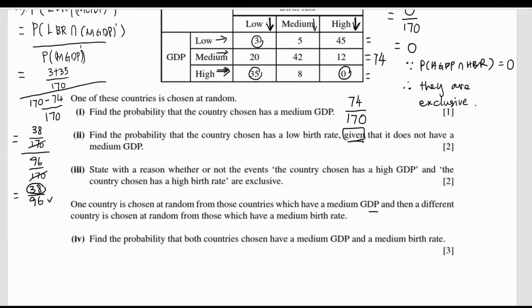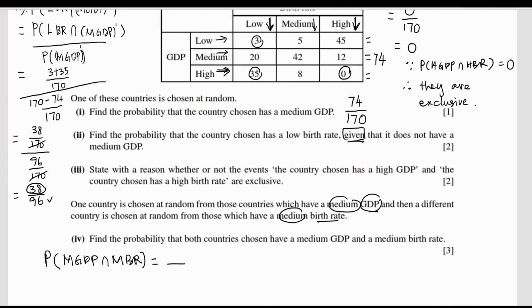First country is chosen from those who have a median GDP, and the second country is chosen from which have a median birth rate. So part 4, find the probability that both countries chosen have a median GDP and a median birth rate.